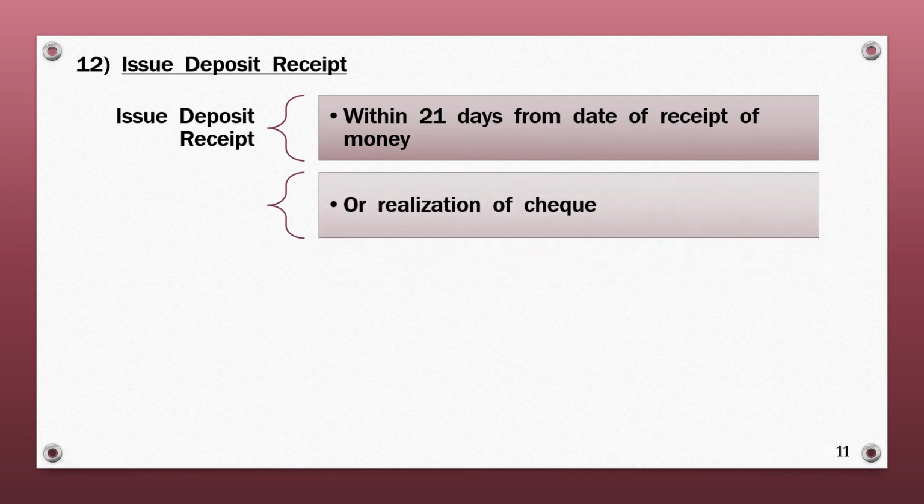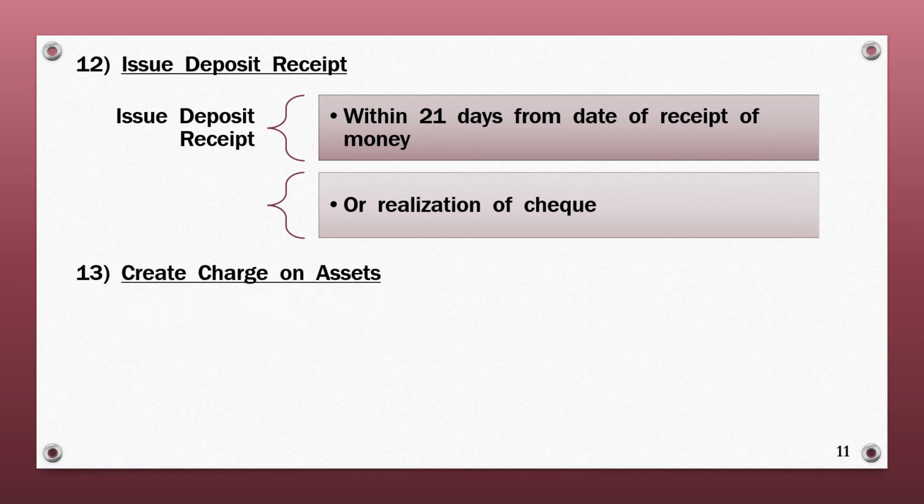On the other hand, if the company accepts check, then in such case, deposit receipt must be issued within a period of 21 days from the date of actual realization of check amount. That is when the amount actually gets transferred into the company's bank account.